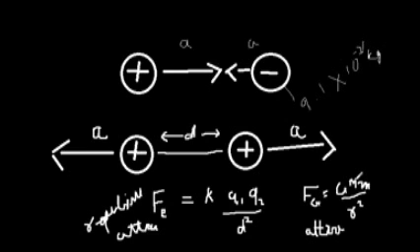Otherwise, there are some differences. Here we have masses, and here we have charge. Here we have taken Coulomb's constant, and here we have the gravitational constant, and the values are also different. It is about 9 into 10 to the power 9.